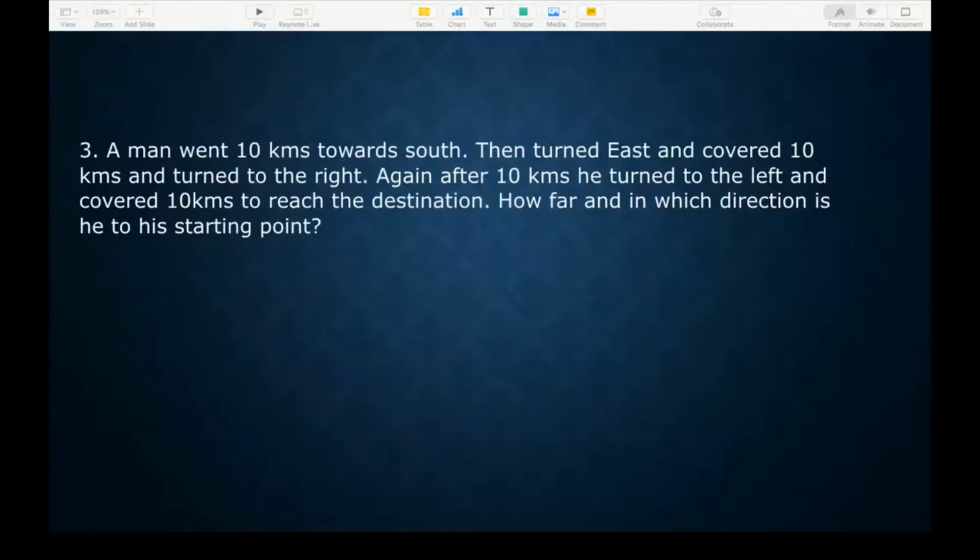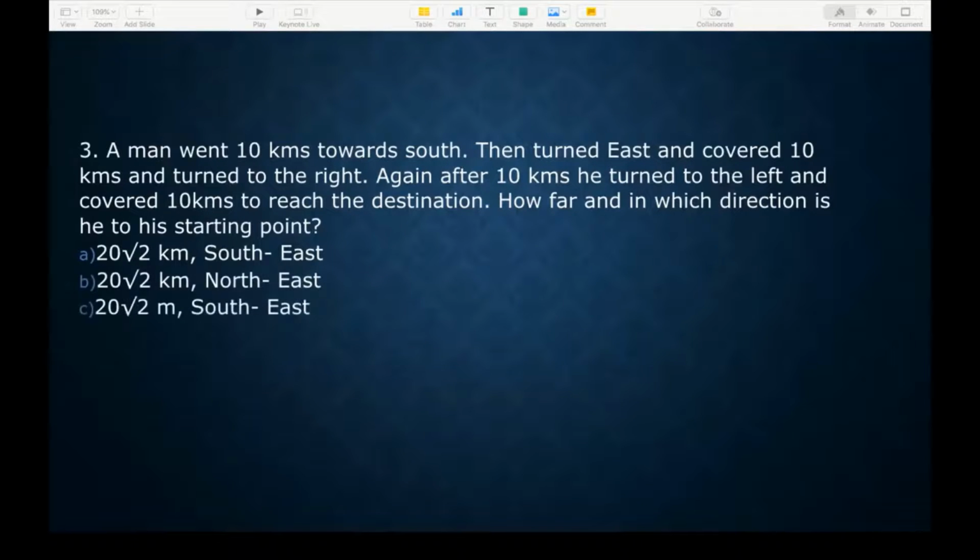This one is based on distance. You need to be a little bit careful when the question is about distance. You always need to go for the shortest distance unless mentioned otherwise. Try out this question now.